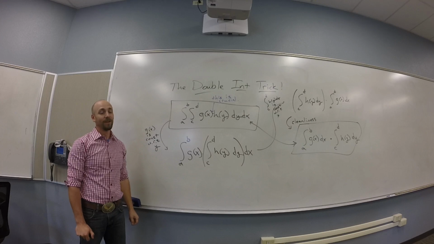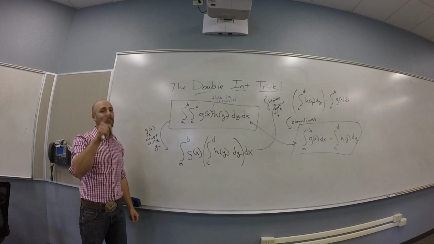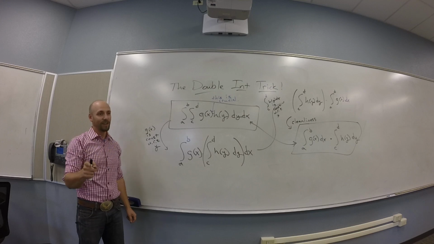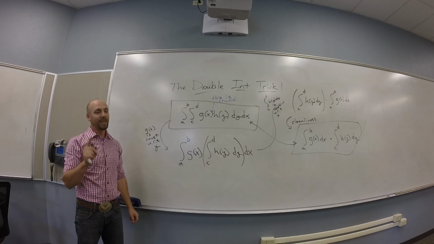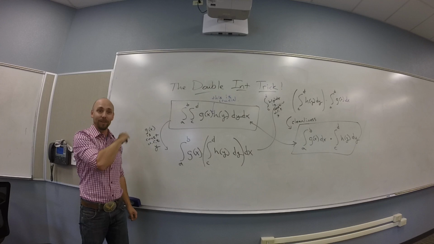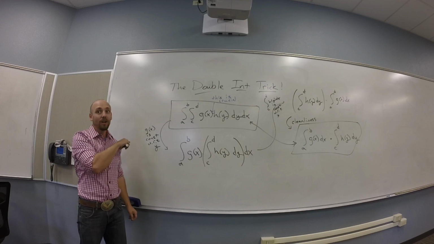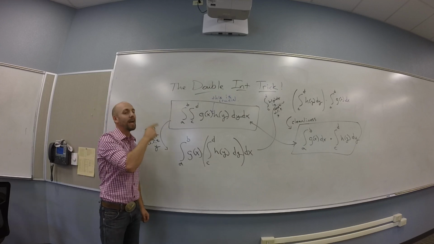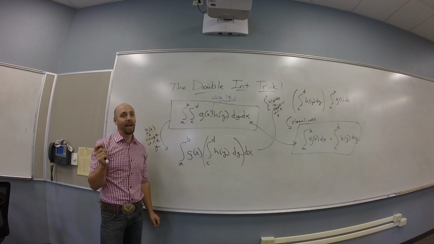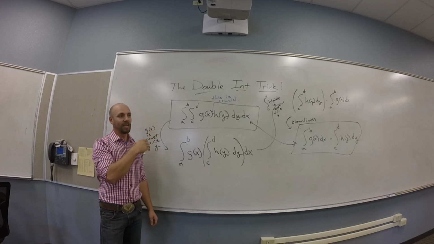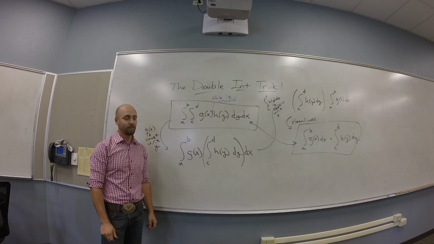Does this only work with single variables? Yeah, this only works with single variables, and it only actually works when they're different. So you still cannot play that game with x squared sine x, right? But you can play that game with x squared sine y. You could just integrate the x piece, integrate the y piece with their respective bounds and multiply.